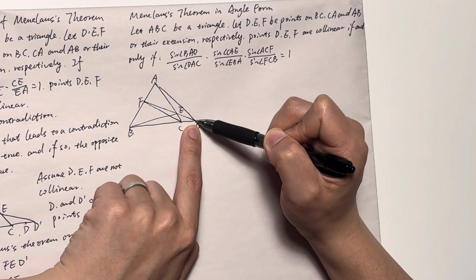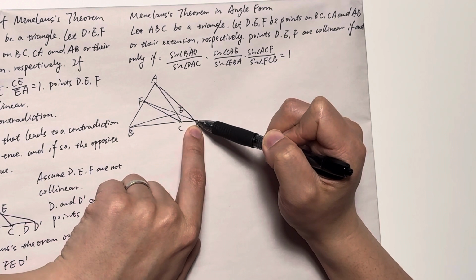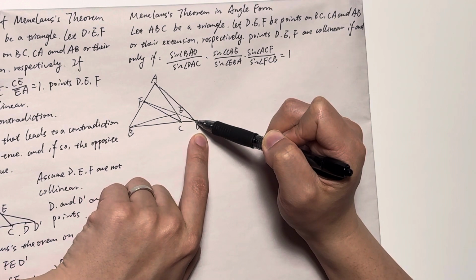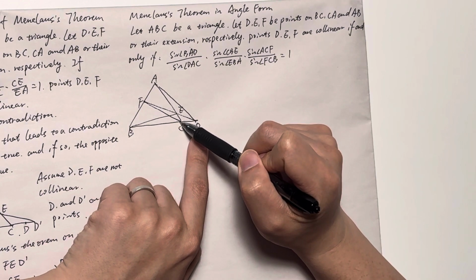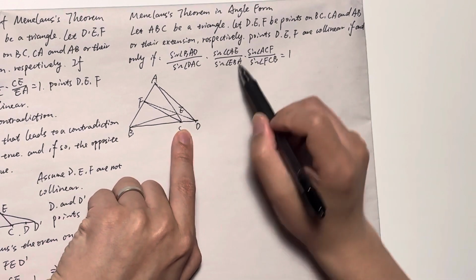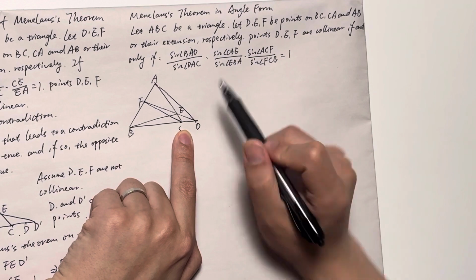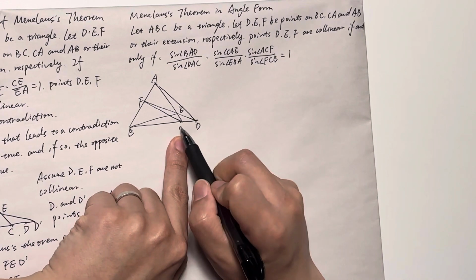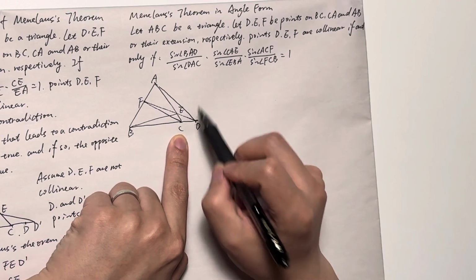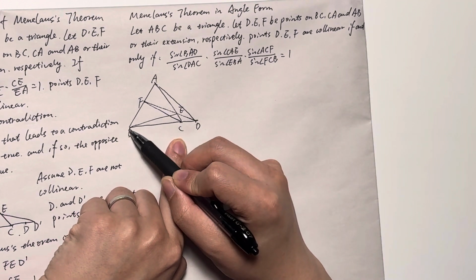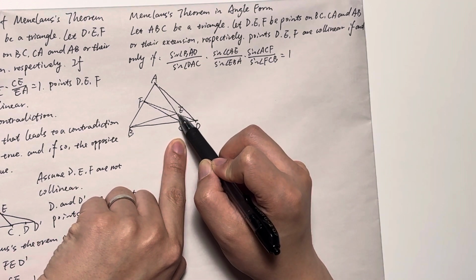And for the denominator, it starts from the same intersection point, goes back to the vertex, and goes to the next vertex, right? So again, for the numerator, it starts from the vertex used by the denominator in the previous term, and then goes to the next vertex and goes to the intersection point.